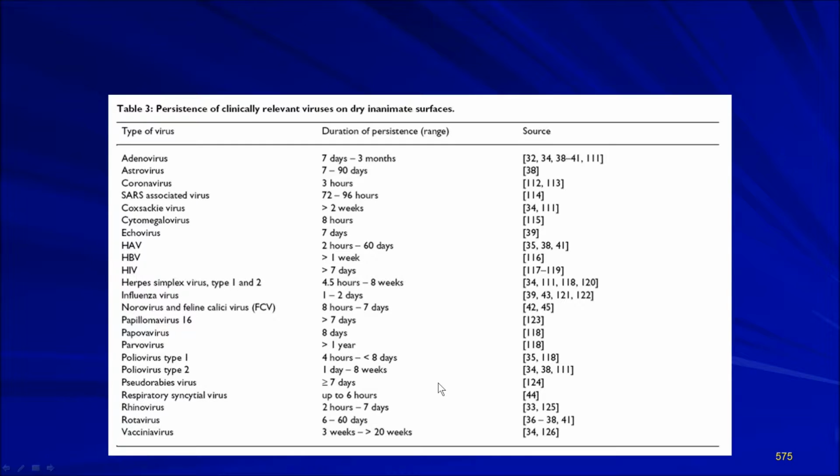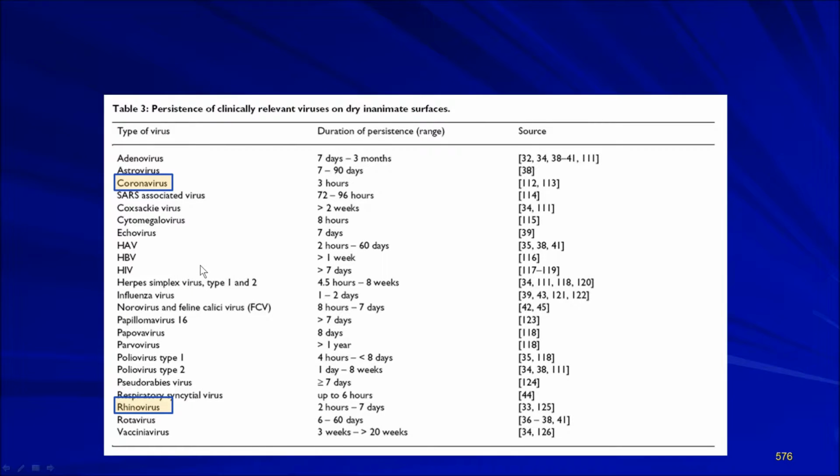In general, the viruses do not live quite as long as bacteria, but they still survive for a significant period of time. What particularly makes viruses important is that they are deposited in large quantities via coughing, sneezing, and nasal secretions, which makes them especially concerning because there are so many of them, so concentrated.